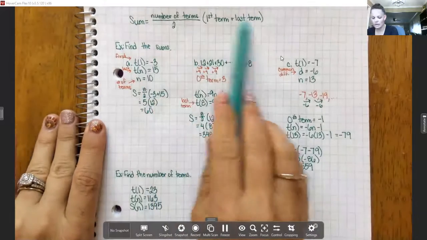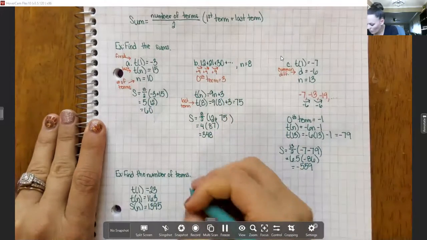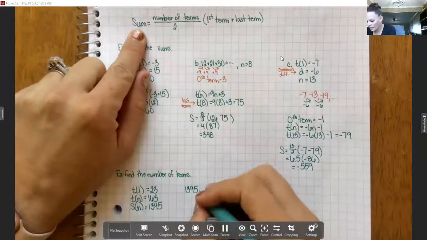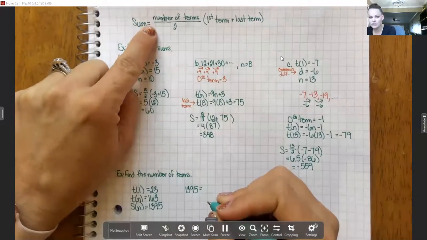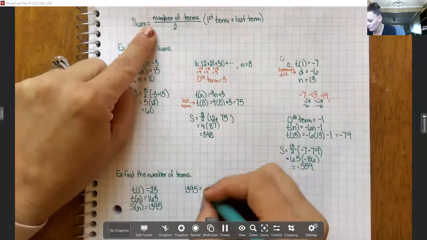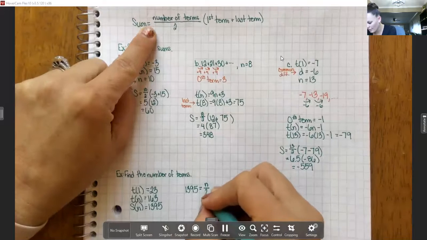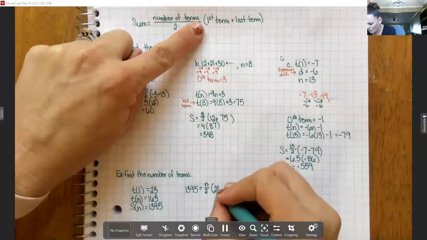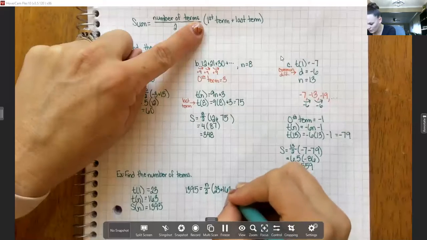So if I just use this equation here, 1,395 is the sum, is equal to the number of terms divided by 2. I don't know the number of terms. I'm going to call it n divided by 2 times the first term is 23 plus the last term is 163.